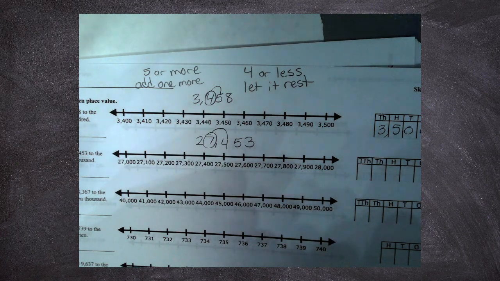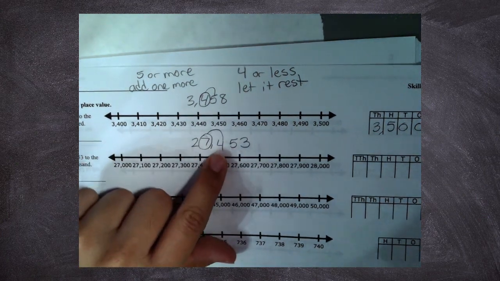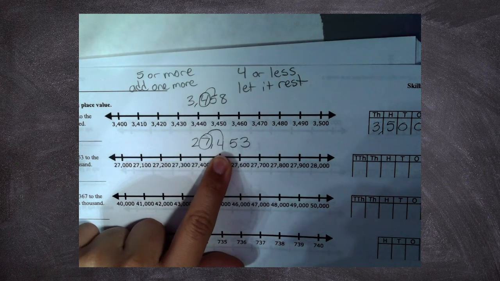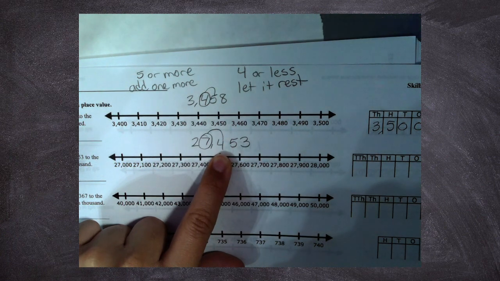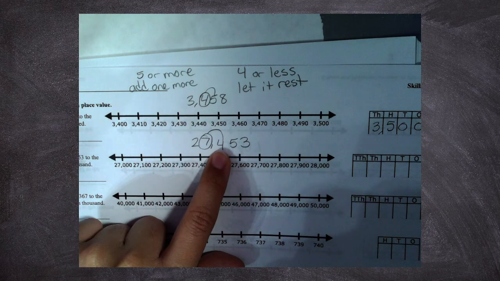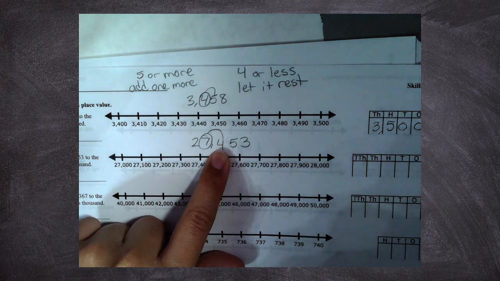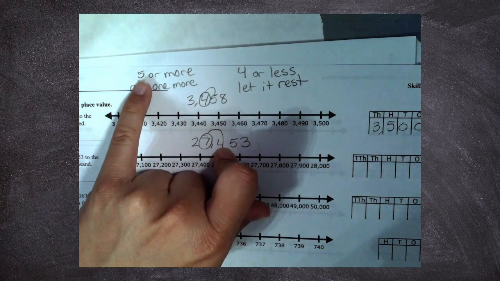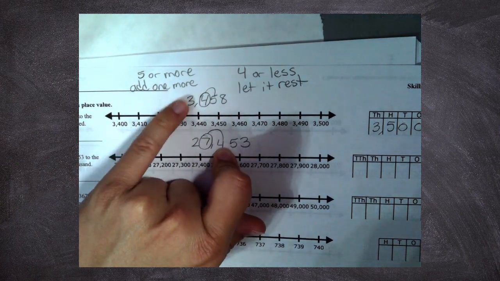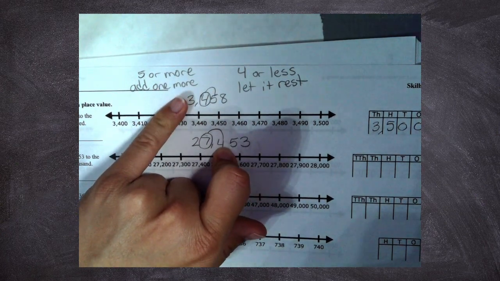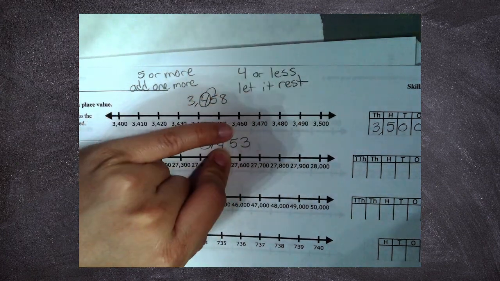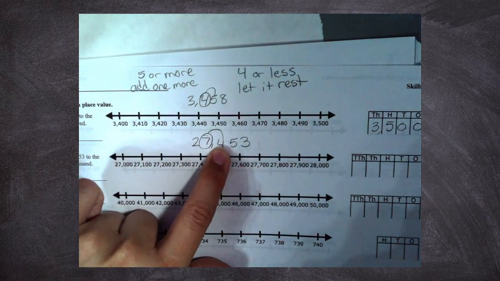It's going to go up. Okay. What's the neighbor, Ezekiel? The neighbor of the thousands place is what? What number is here? A 4. Okay, let's take a look. 5 or more, add one more. 4 or less, let it rest.